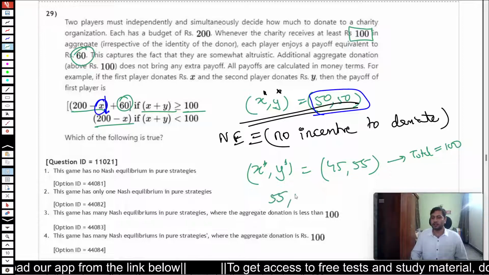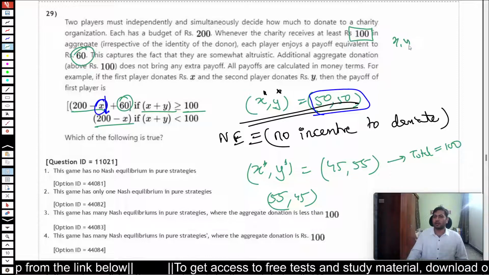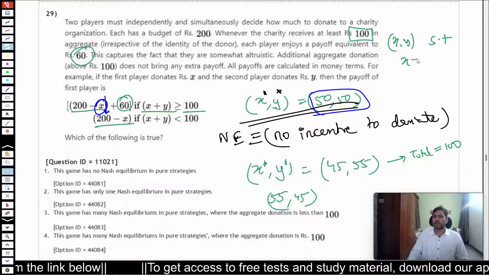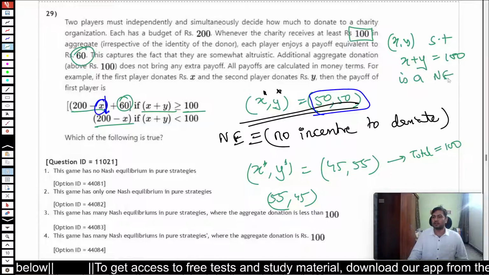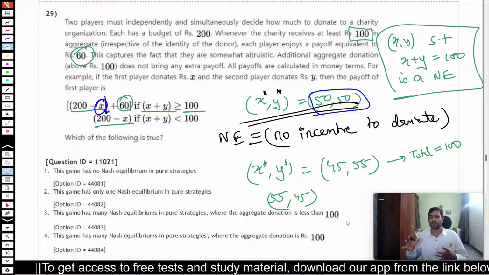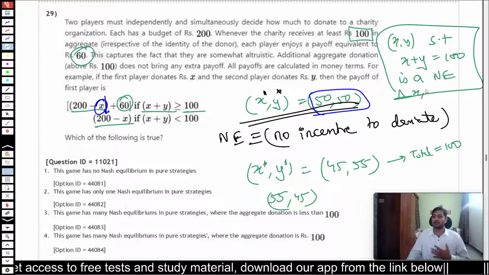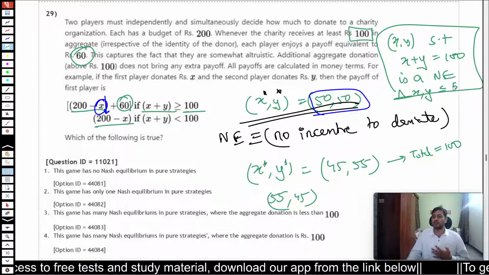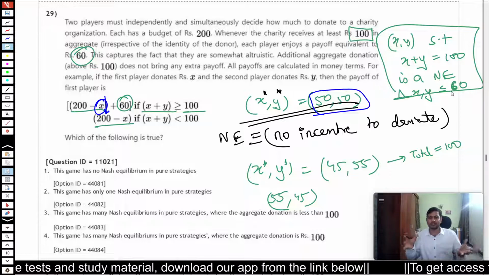Similarly, 55 comma 45. In fact, any x comma y such that x plus y equals 100 is a Nash equilibrium in this case. Any xy combination where x plus y is exactly 100 and x, y individually less than or equal to 60. Okay, both need to be individually below 60, because 60 is the benefit they get.